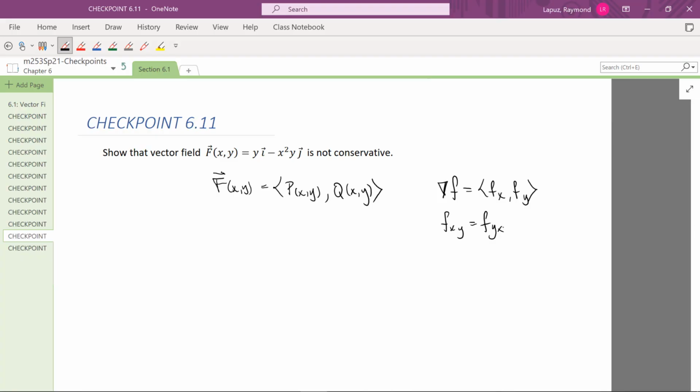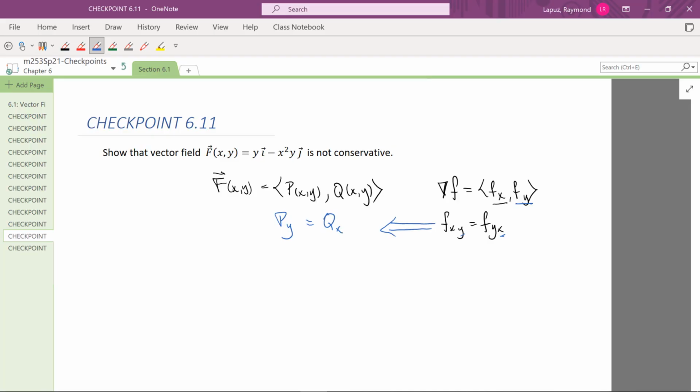Well, if p is actually f sub x, then this is where we're going to make our connection: the partial derivative of p with respect to y should equal the partial derivative of q with respect to x. And so if we take each of these derivatives with respect to the other variable, we should get them to equal each other if they are in fact conservative.